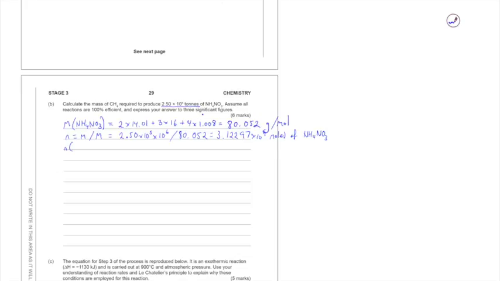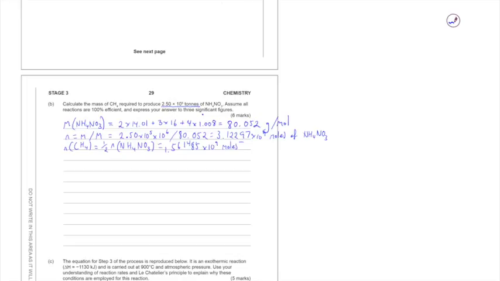So moles of CH4 equals half moles of NH4NO3 equals 0.5 times that previous number that we've got just up here. So that means it will equal 1.561485, and there's more digits, by 10 to the 9 moles.